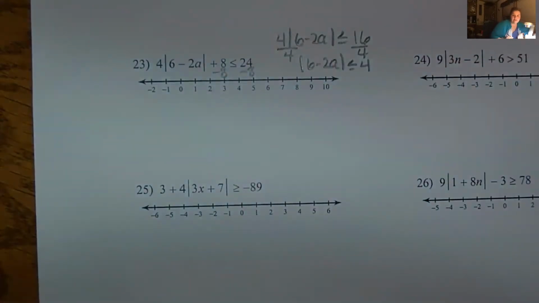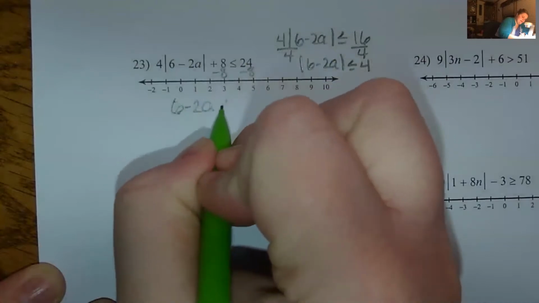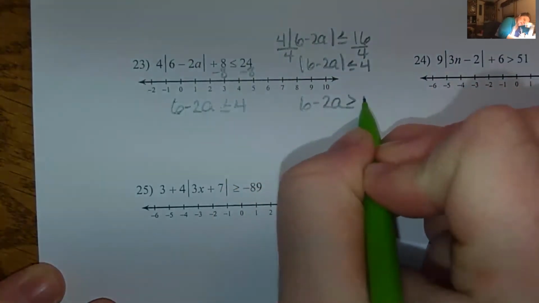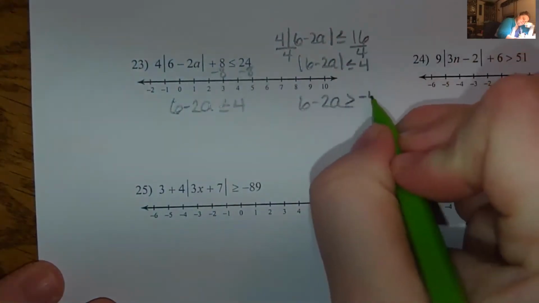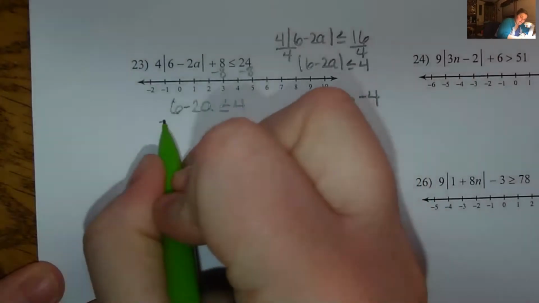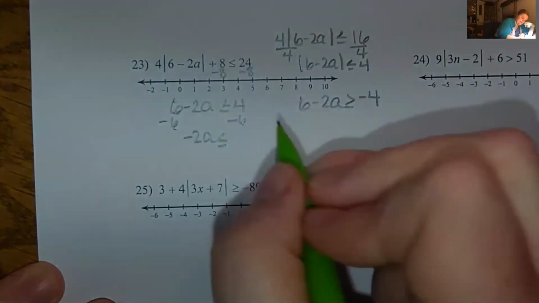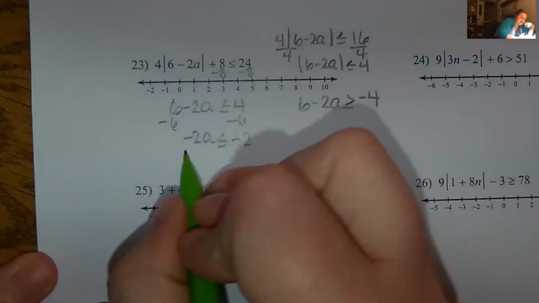Now the absolute value is by itself, so now you can set up your two problems. 6 minus 2a less than or equal to 4. 6 minus 2a greater than or equal to -4. Solve. Minus 6. -2a is less than or equal to -2. Gotta divide by a negative.